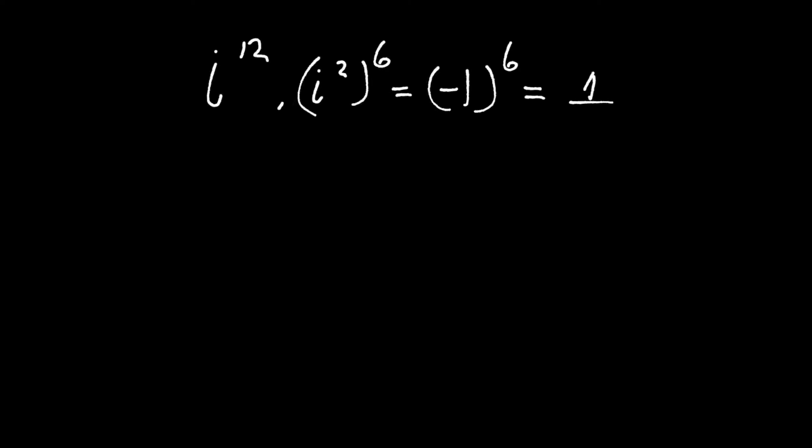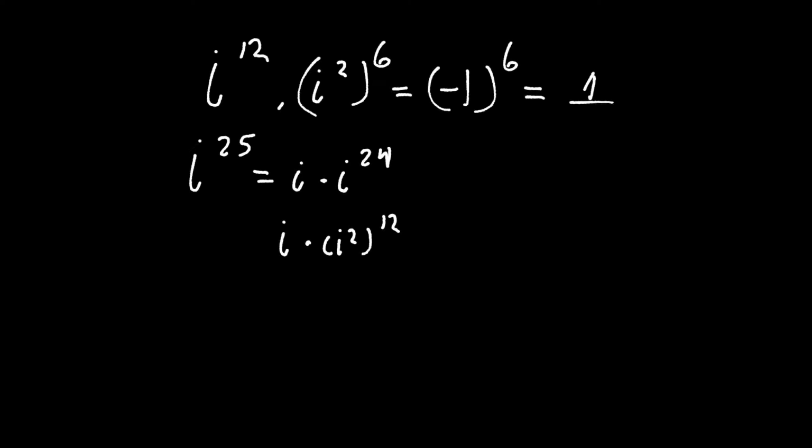What about having i to the 25th? Well, i to the 25th is the same thing as i times i to the 24th. i to the 24th is the same thing as i squared to the 12th power.